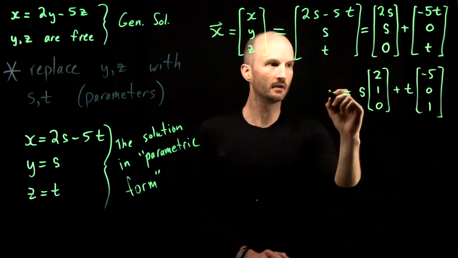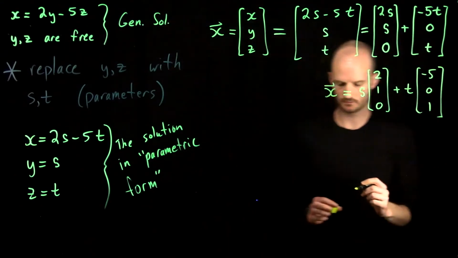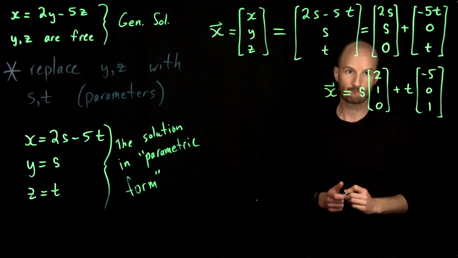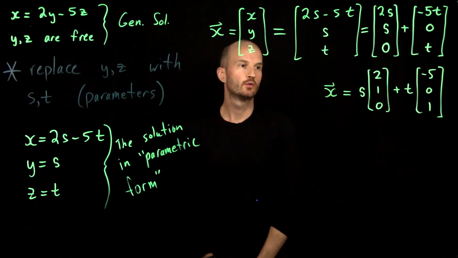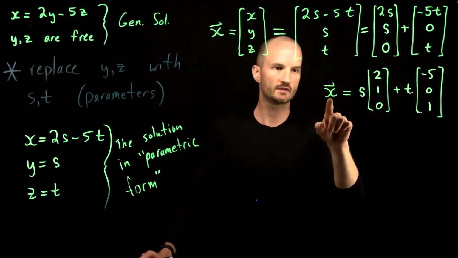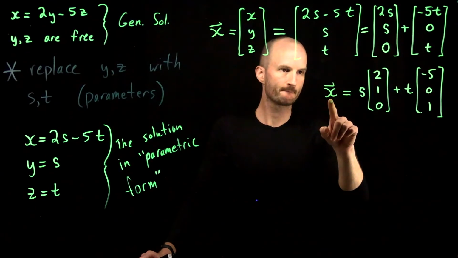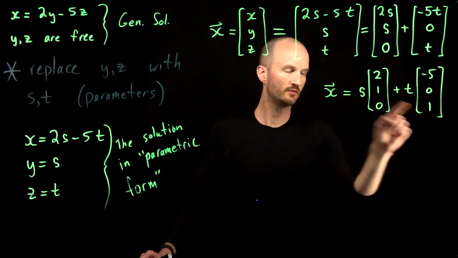And again, this is the vector x here, right? Now, what does this look like? Well, this looks like what I had on the board earlier. X is equal to s times a vector plus t times a vector.